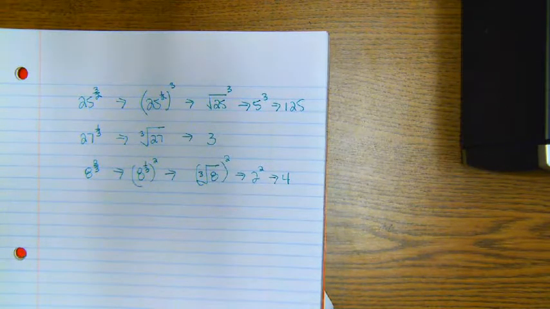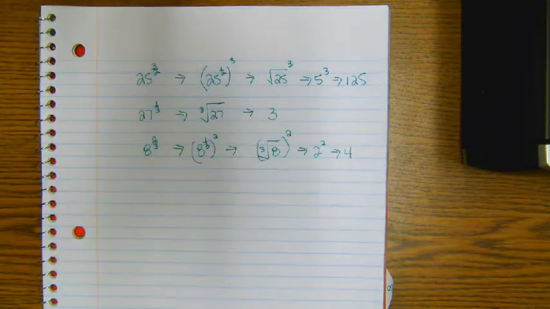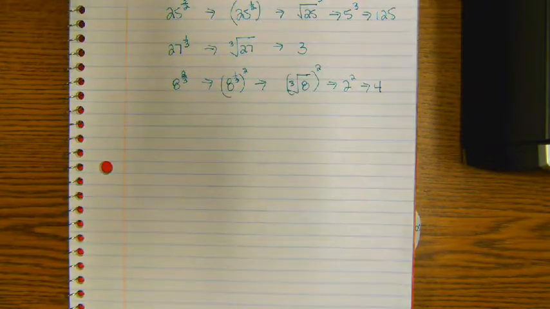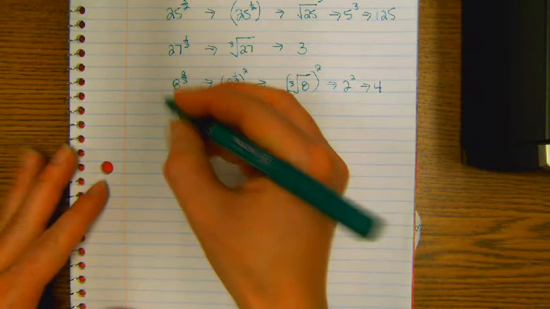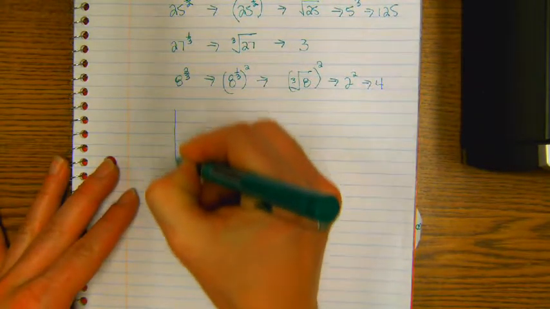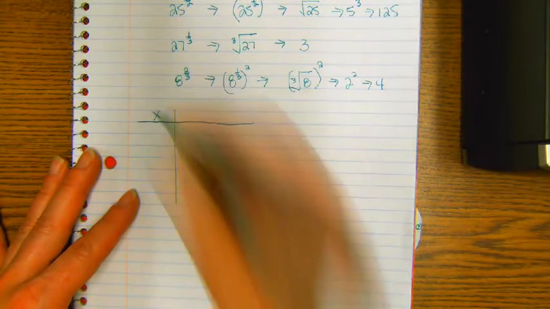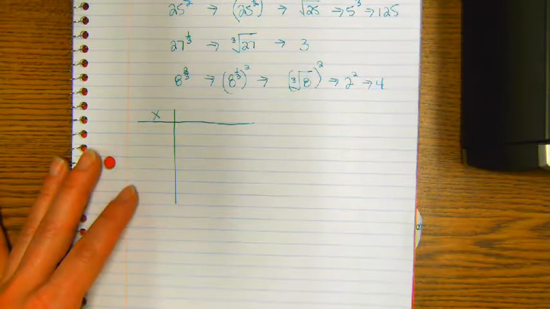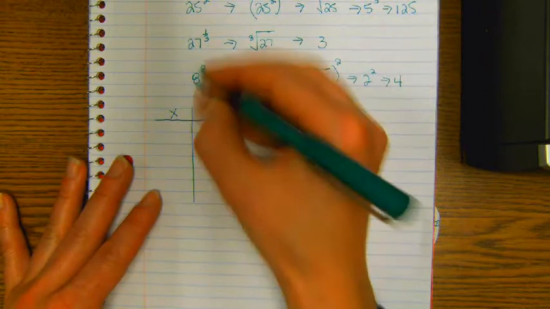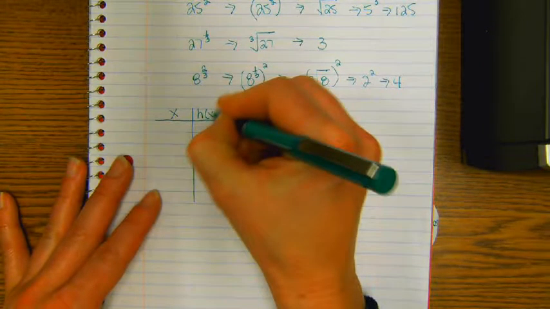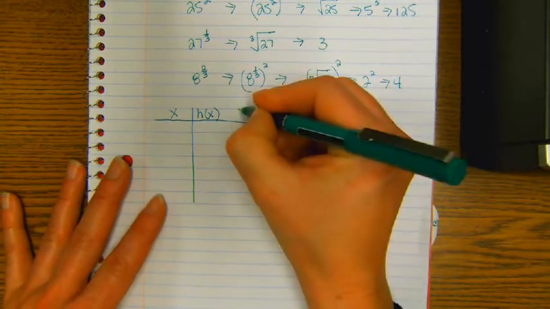All right, so let's talk about how to make a function. I'm going to give you a table of values. In the left column, I'm going to put x. In the next column, I'm going to put a function h of x, and then we're going to do a different function, g of x.